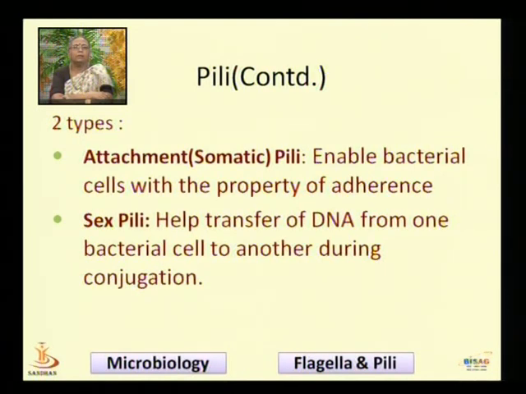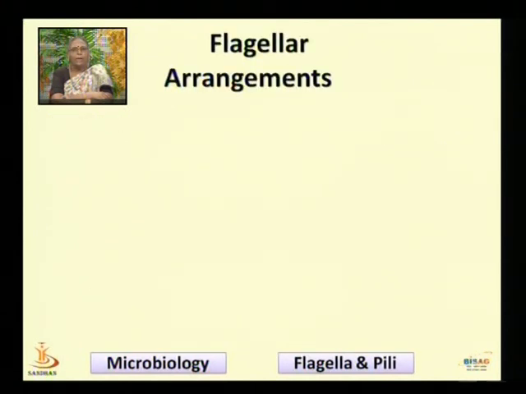Now, let us see about the arrangement of the flagella. We know that the bacteria which are flagellated, that is the bacteria having the presence of flagella, the development and the arrangement of the flagella on the different types of bacteria is different, and it is specific for the specific species.